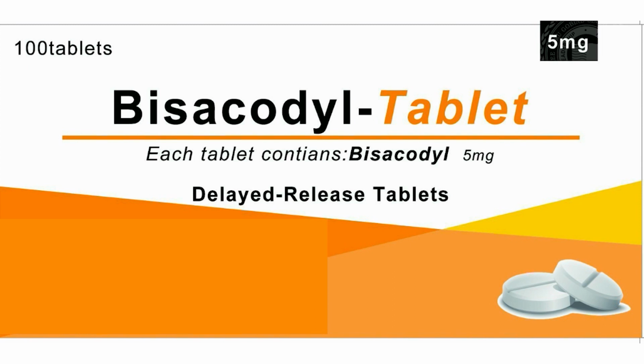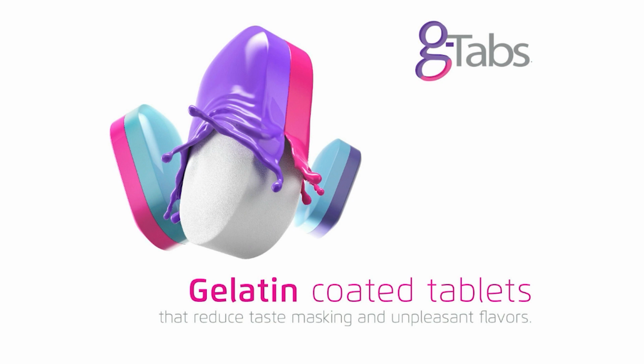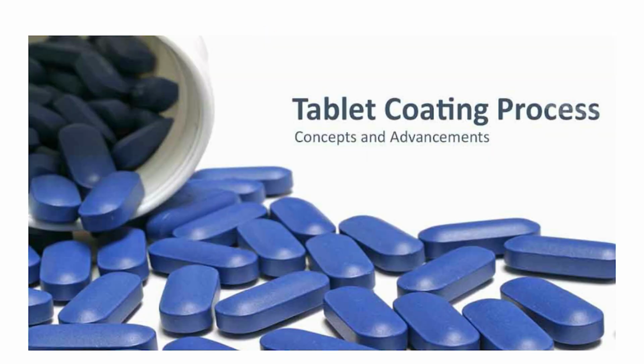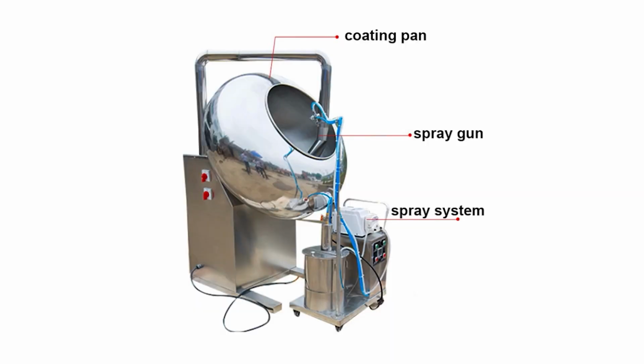Tablet coating has a number of advantages, like providing physical and chemical protection to the drug from the gastric environment. The primary components of tablet coating are tablet properties, coating process, and coating composition.